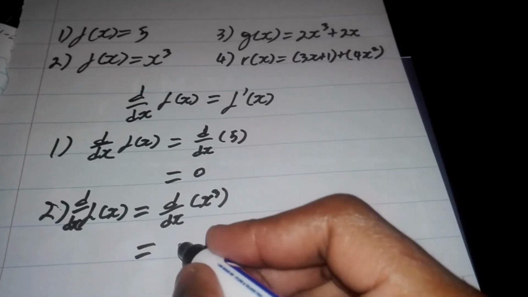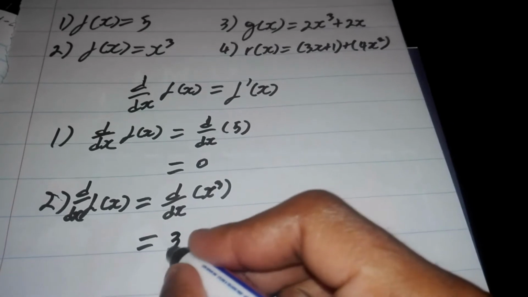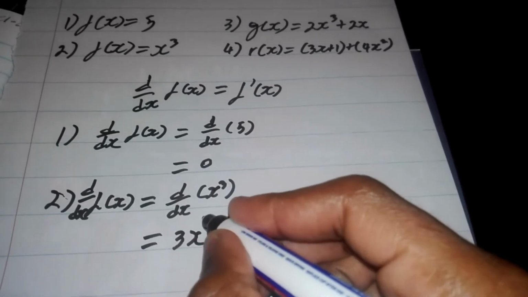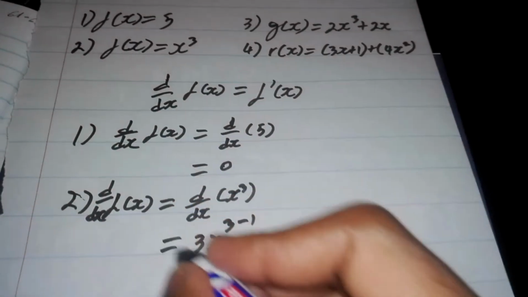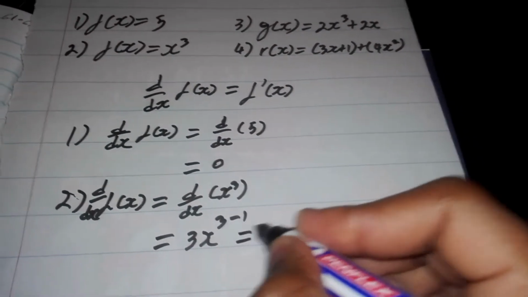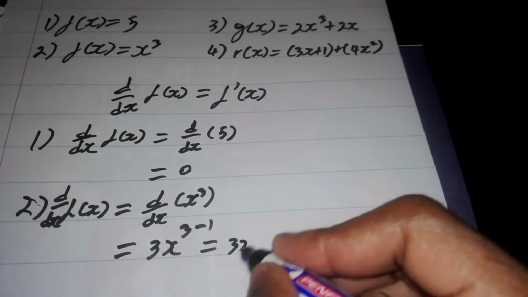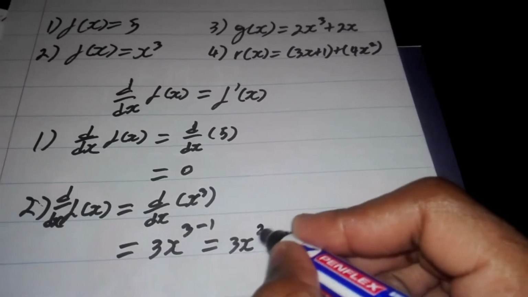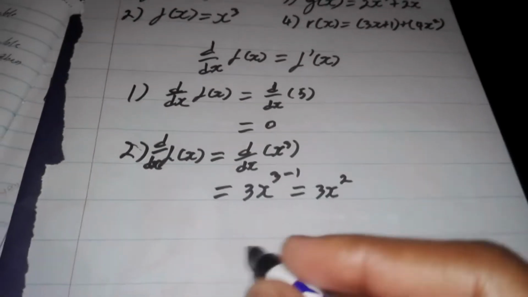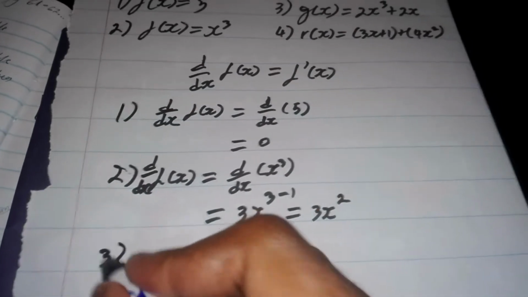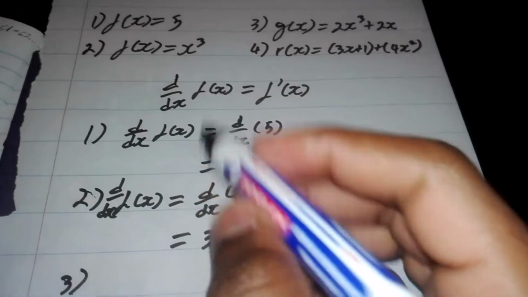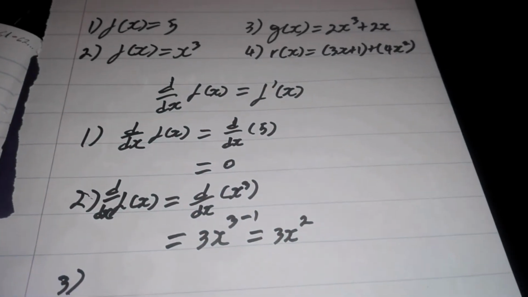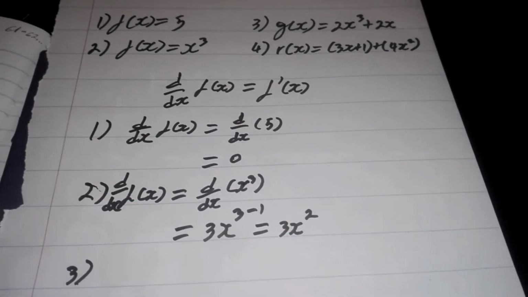So let's apply it here. We take 3 to the other side, and then 3 minus 1. This is the same as 3x squared.